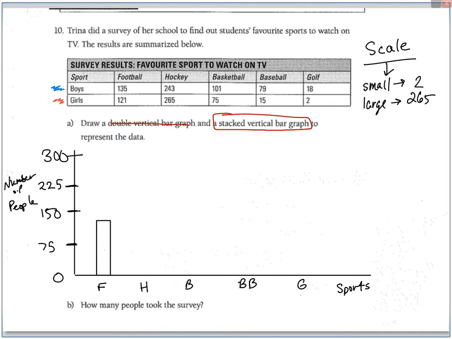Now I need 121, but you got to be careful because 121, how do I do this starting from 135? Add them together to get the total. What's 135 plus 121? 256. So now this next bar that I'm going to draw has to take me to 256.